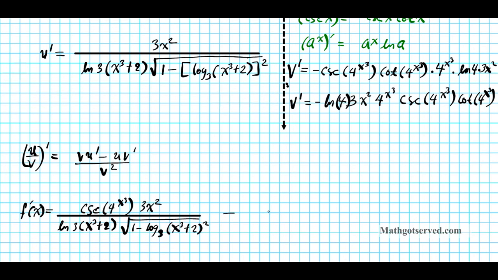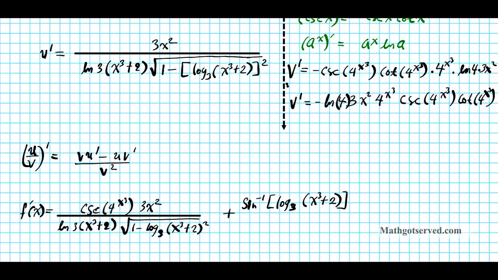So u is the inverse sine of log base 3 of x to the third plus 2. Okay, so that's v, and then that's u, and then v prime is this entire expression right here. So since we have a minus, it's going to change this to a plus, and then we can just put this entire expression in there.